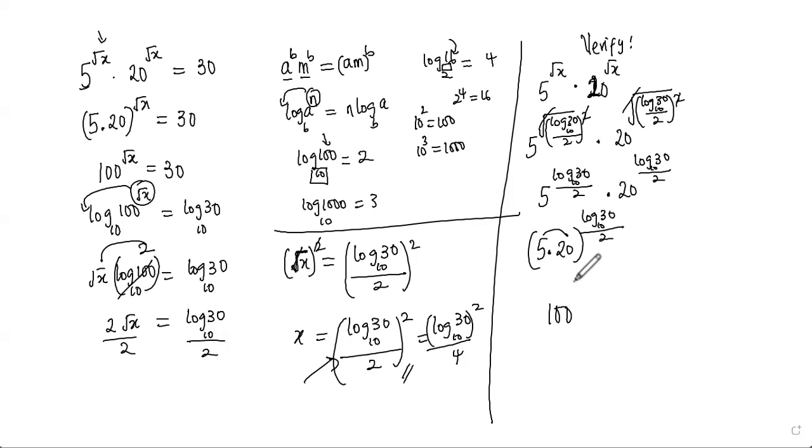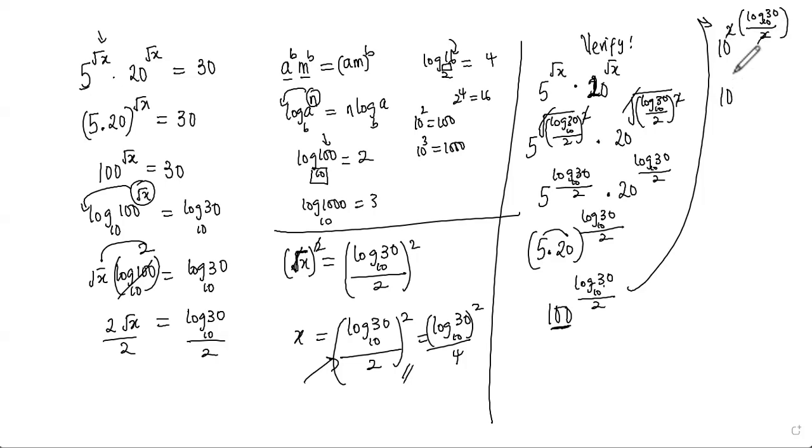So we have 100 to the log 30 base 10 over 2. And 100 is the same as 10 to the power 2. So we have 10 to the power 2 into log 30 base 10 all over 2. So these two can cancel out. So we now have 10 to the power log 30 base 10.